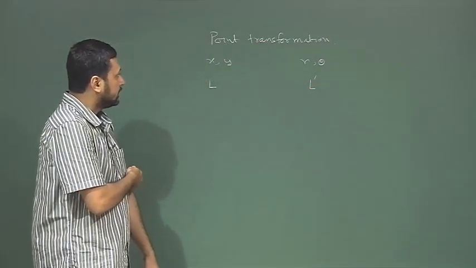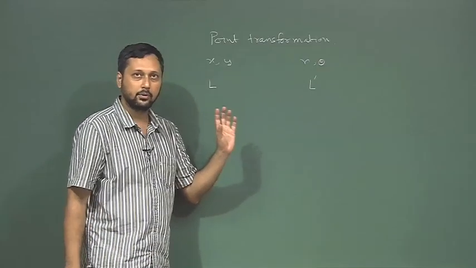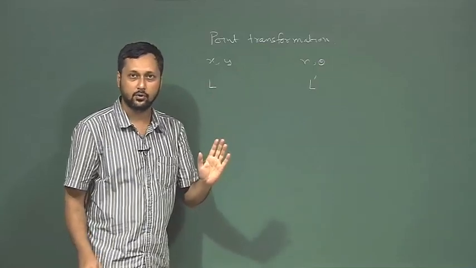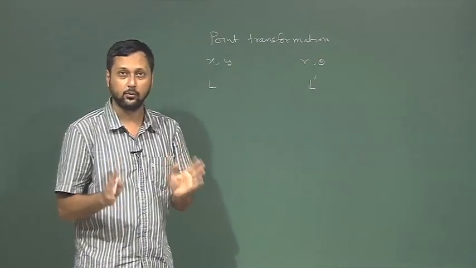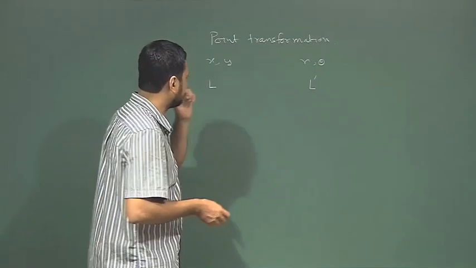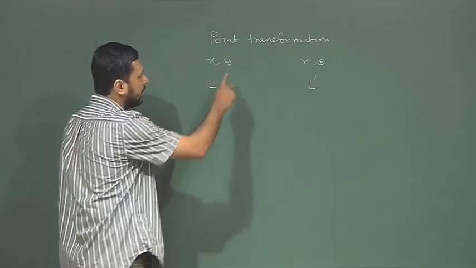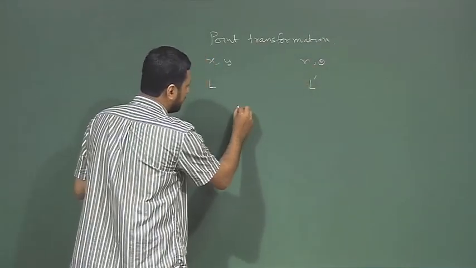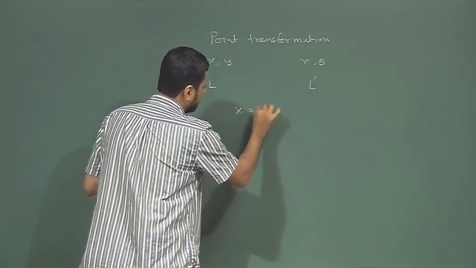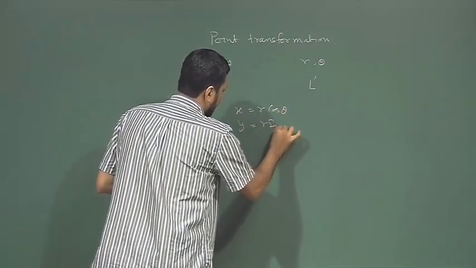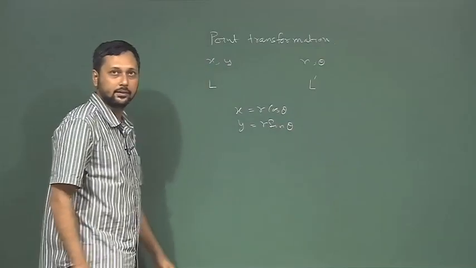What we discuss here is that the choice of generalized coordinates is not unique. But what we notice is that x and y are very strongly related to r and theta by a set of transformations, that x equals r cos theta and y equals r sin theta, like this.